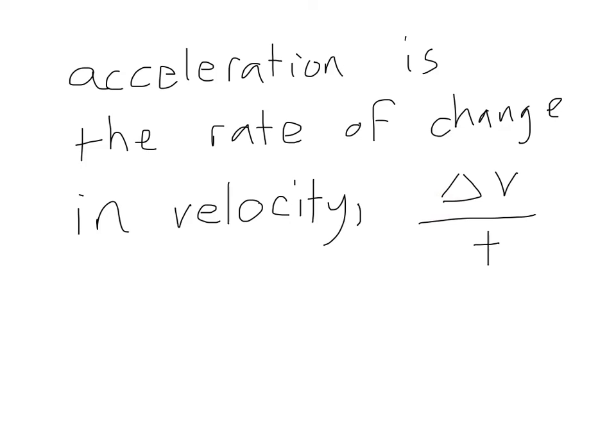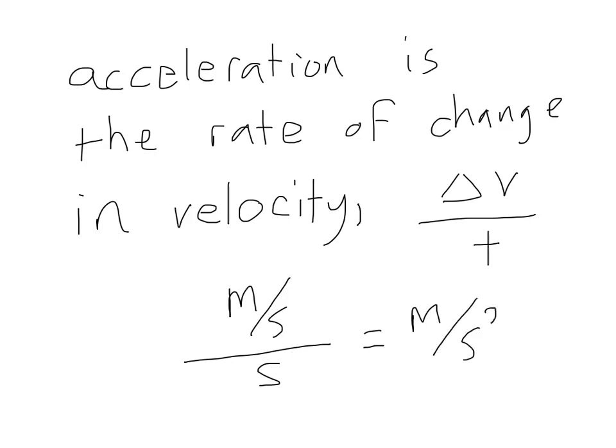Consequently, the units for acceleration that are most often seen in physics are meters per second per second. This can also be written as meters per second squared. Like displacement and velocity, acceleration is a vector quantity. This means it also has a direction and a magnitude.